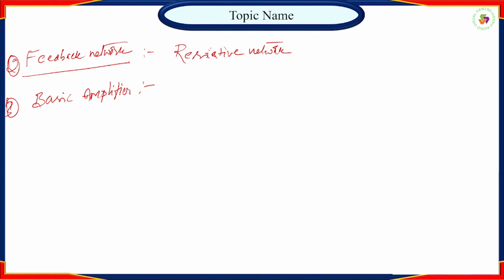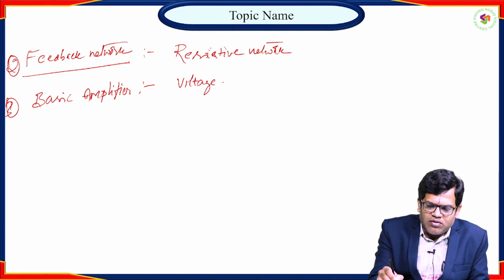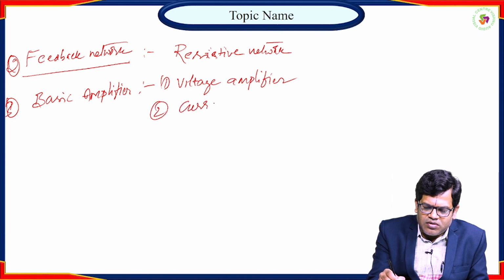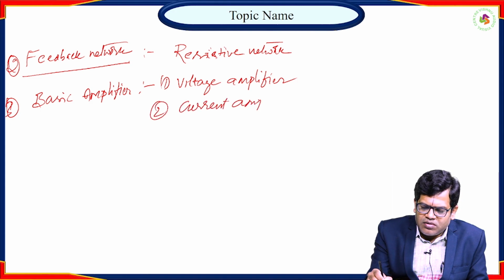Amplifiers could be of 4 different categories. That could be number 1, voltage amplifier. Number 2, current amplifier. Number 3, transconductance amplifier.